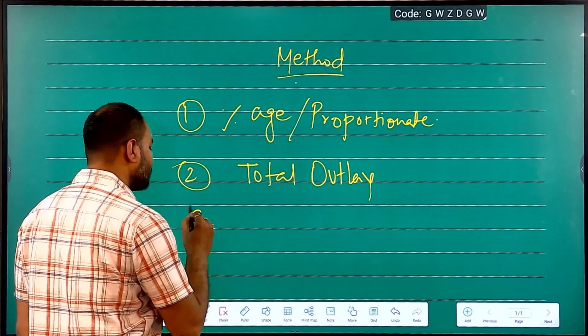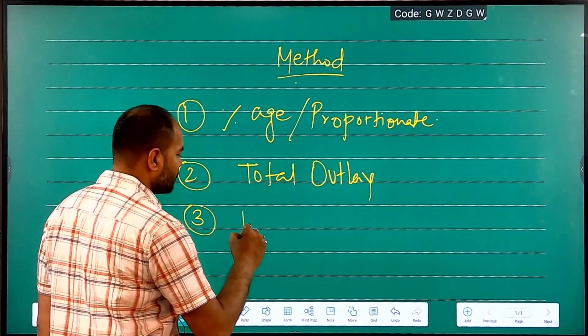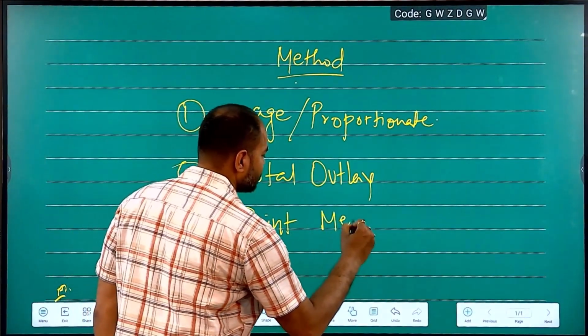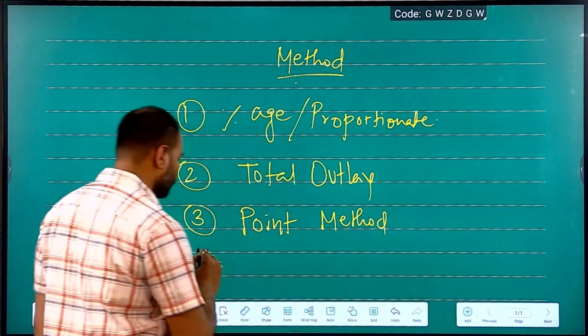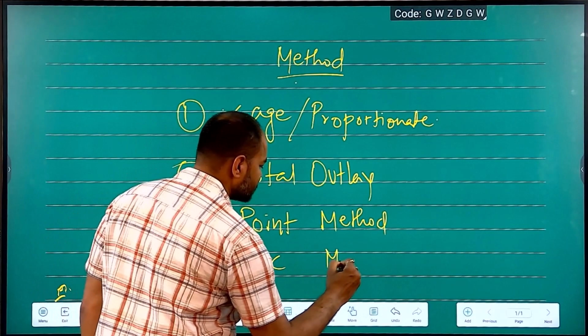The third one is the point method, and the fourth one is the arc method.